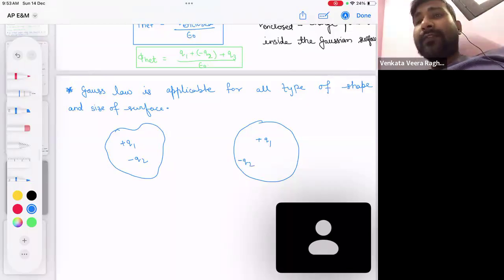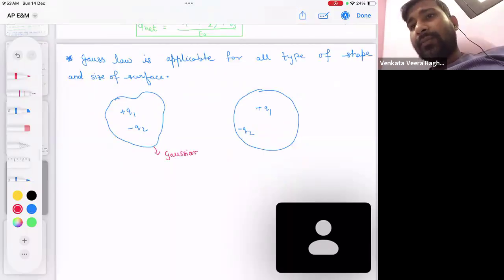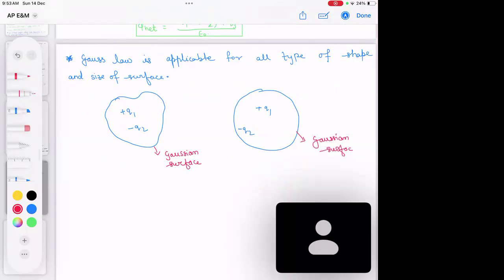Can you tell me what will be the flux through each Gaussian surface? Will both give the same flux or different flux? Same flux.